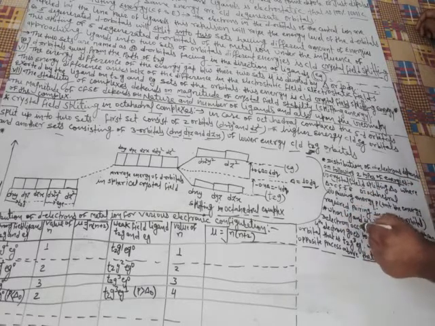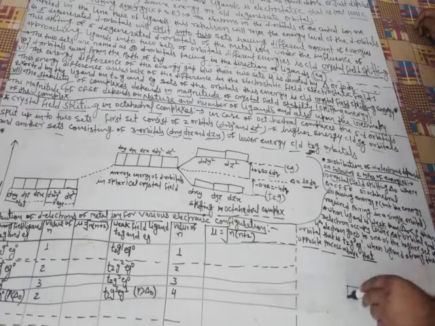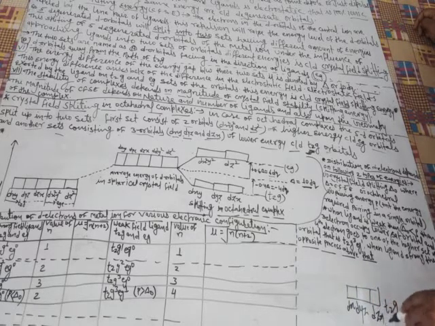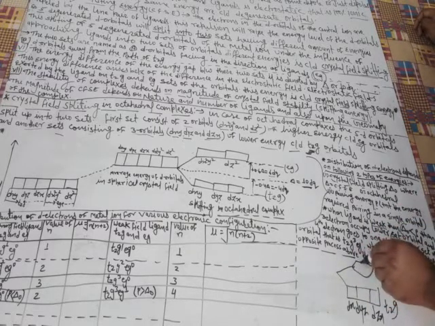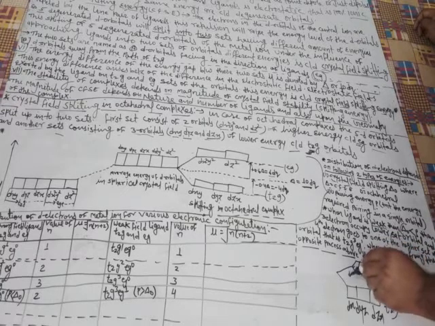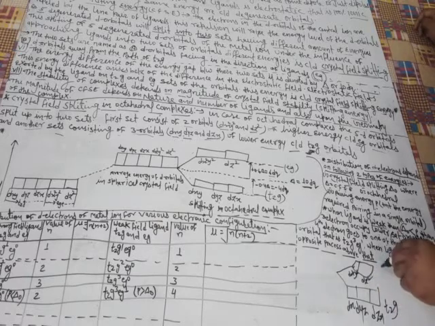Three electrons occupy the lower set, T2g: dxy, dyz, and dzx. Then 2 electrons go into dx square y square and dz square. This is Eg and this is T2g.